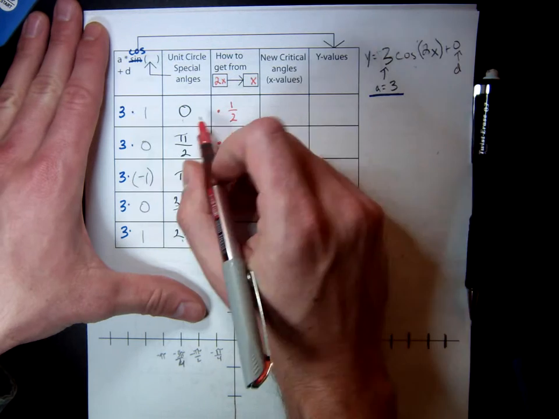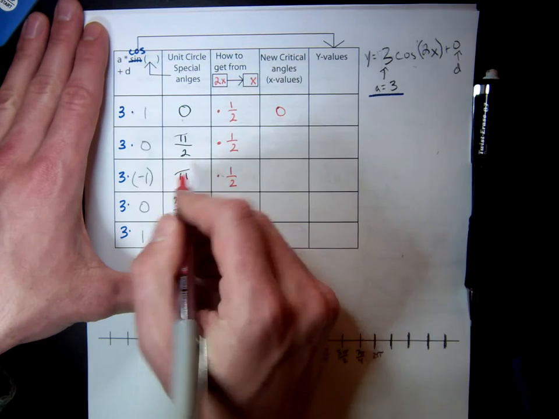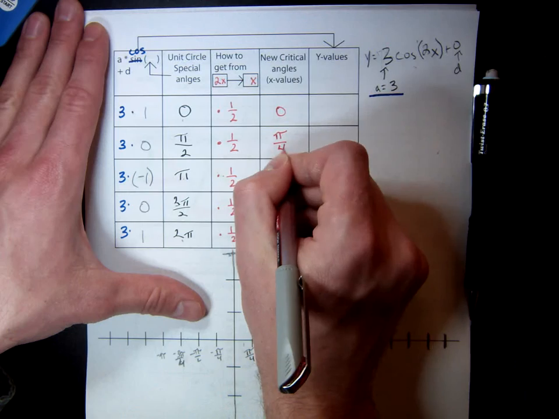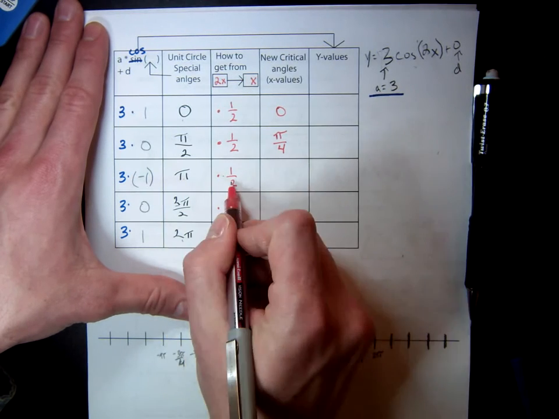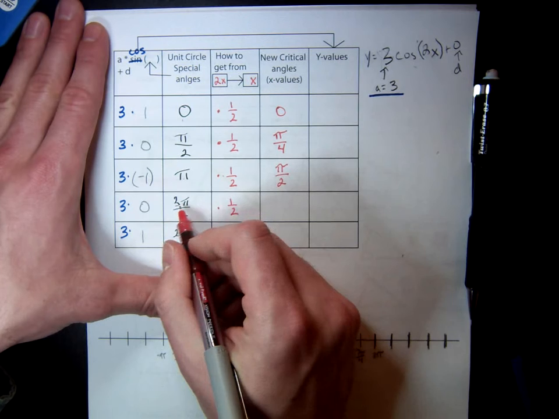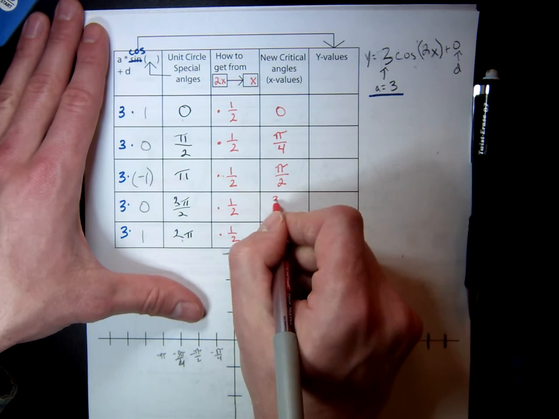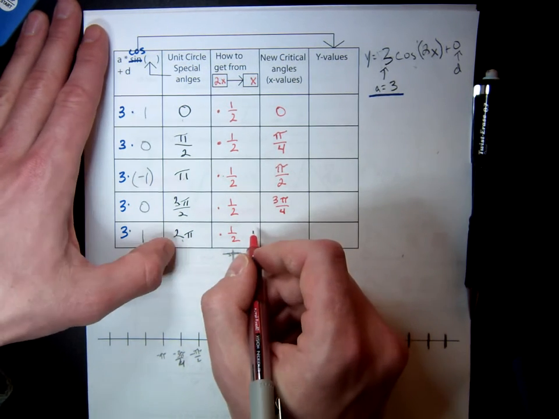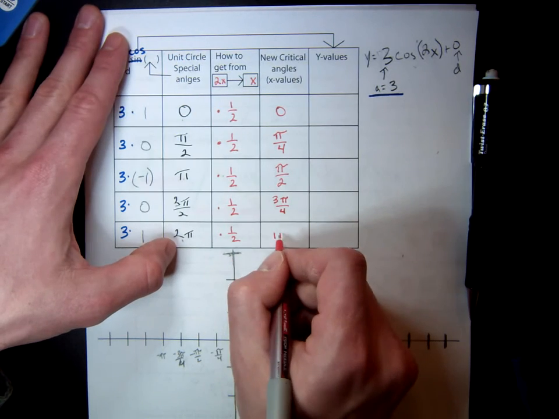Okay. Now, we multiply those out, and we're going to get our new critical values. So the critical x values here: 0 times 1/2 is just 0. Pi over 2 times 1/2 will give us pi over 4. Pi times 1/2 is going to be pi over 2. 3 pi over 2 times 1/2 is just 3 pi over 4. And 2 pi times 1/2 gives us pi.